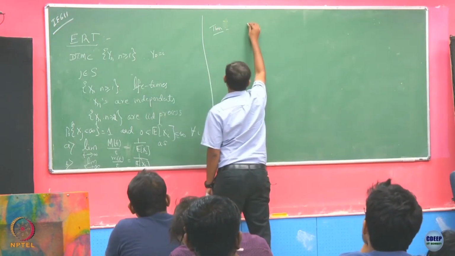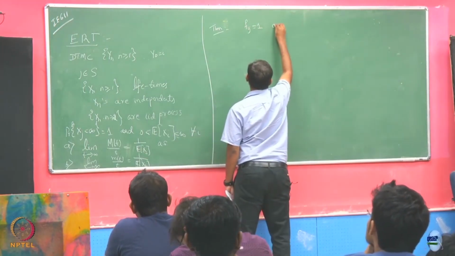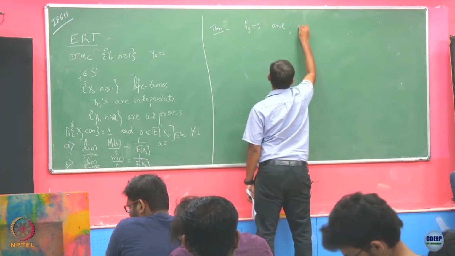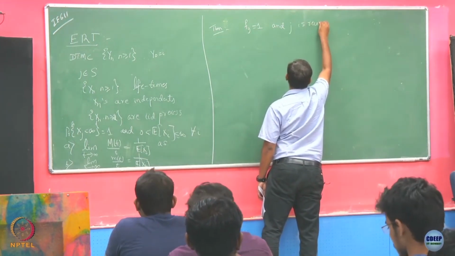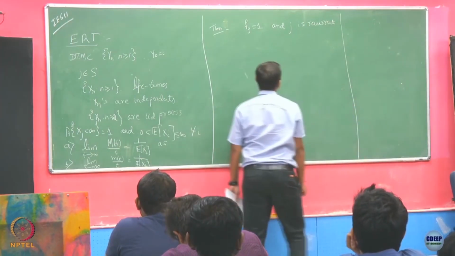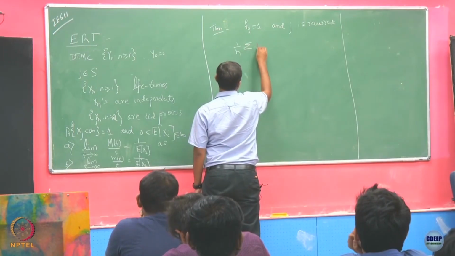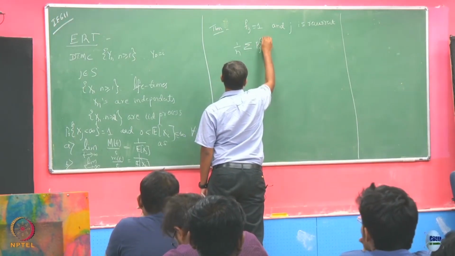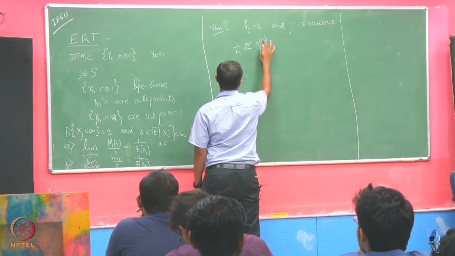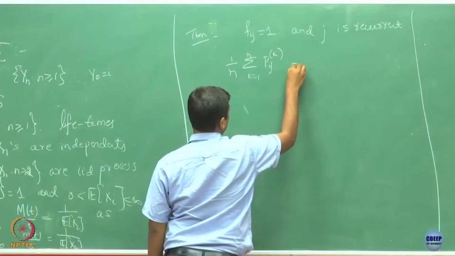In a DTMC, suppose fij equals 1 and j is recurrent. Then we said something about this limit. What was this?